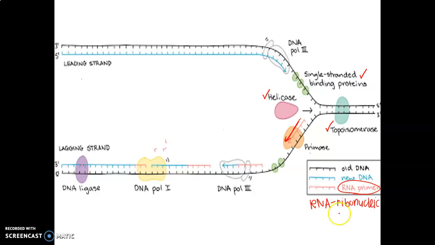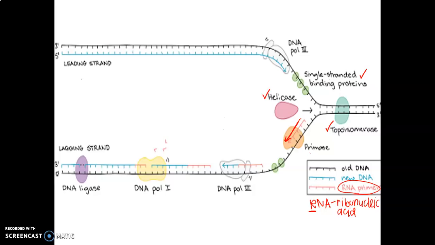He's still made of nucleotides, the same way DNA is made of nucleotides, but his sugar is ribose instead of deoxyribose. Primase comes down and lays down an RNA primer, just a couple of nucleotides made up of ribonucleic acid instead of deoxyribonucleic acid. Don't ask me why. I don't know why it's this way, but this is the way that it is.